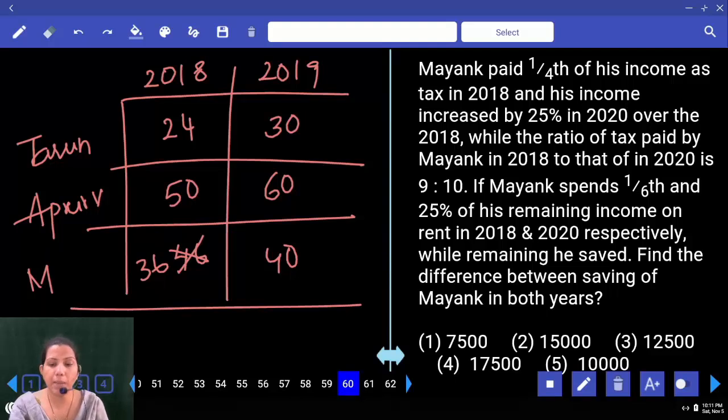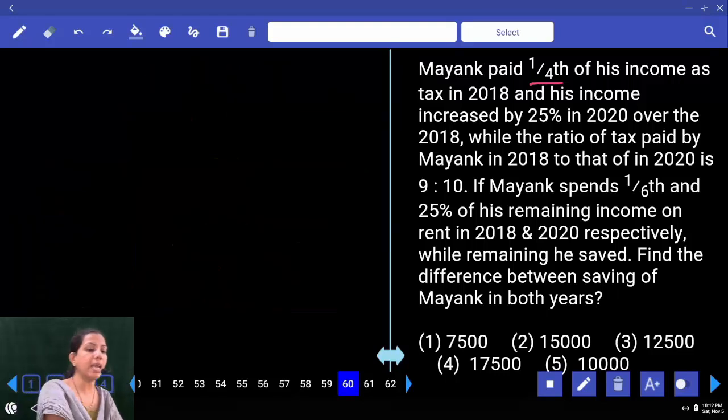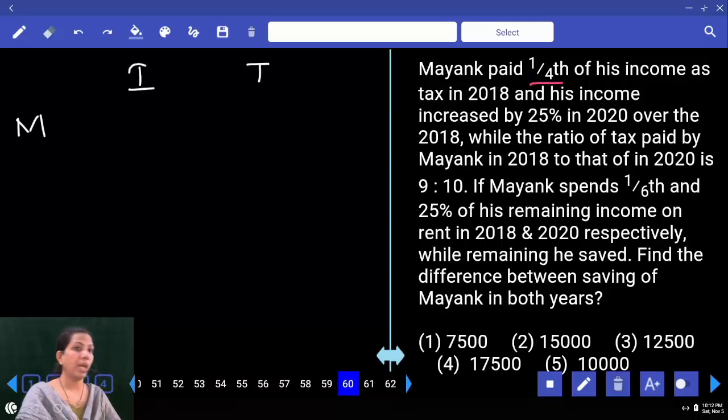Next up. Question number 60. Mayank paid 1/4 of his income as tax in 2018. Who are we talking about? Mayank. In 2018, what is his tax value? 36. This 36 is exactly 1/4 of his income. So we write Mayank's income value and Mayank's tax value in 2018. What is the 2018 tax value? 36.